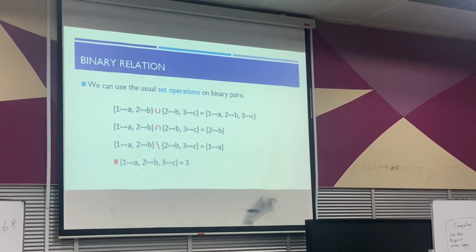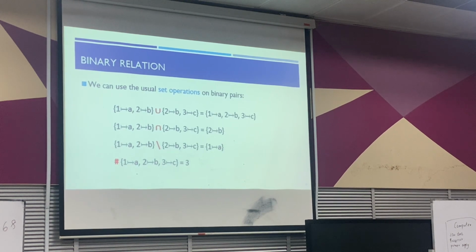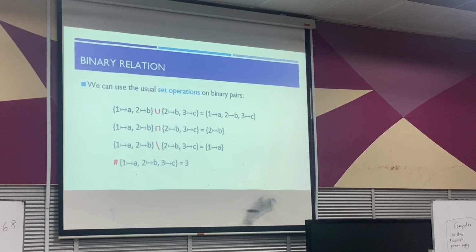So same thing for a binary relation. You are going to use these symbols for update, for removing, and so on. You can use union, intersection, backslash, hashtag, whatever you have learned previously. So the concept will be the same. If you want to add a record or add new data, you use union. If you want to remove data, you use backslash.